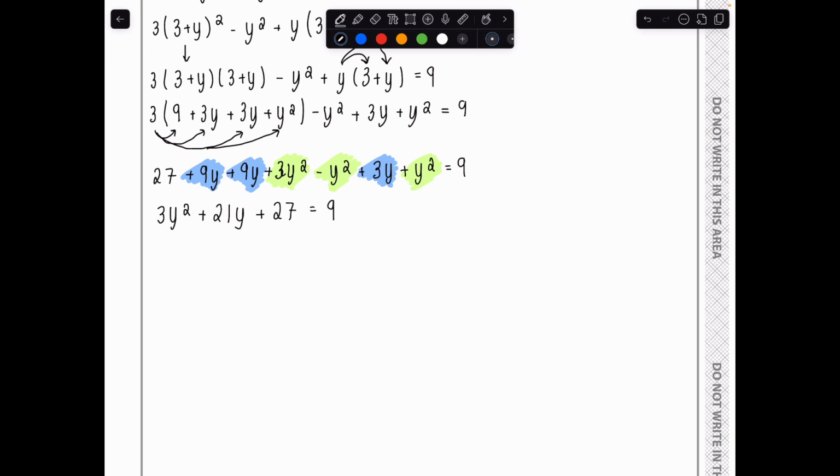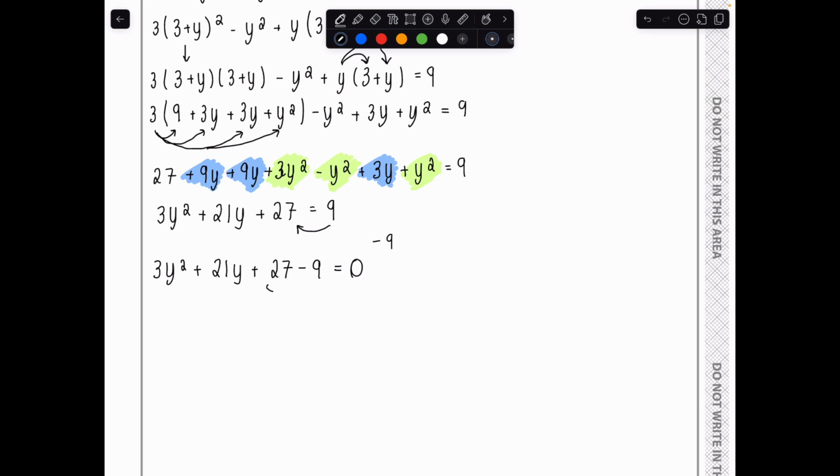Whenever it comes to solving quadratics like we're doing here, we want one of the sides to be equal to 0. So we need to move this 9 to the left-hand side. How do we do that? We subtract 9 from both sides. So we have 3y squared plus 21y plus 27 minus 9, and all of that equals 0.